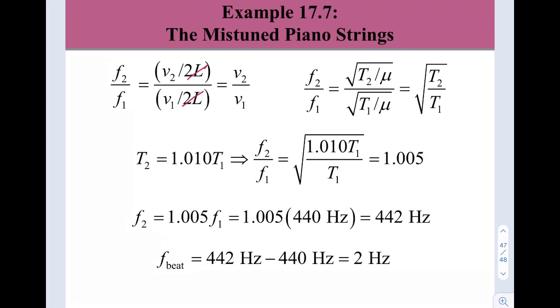What is v for a piano? It is a stretched string, or taut string, so v is equivalent to the square root of T over mu. For v2 it's T2 over mu, and for v1 it's T1 over mu. Mu is the same because it's an identical string, so again they cancel out each other. So we are left with the square root of T2 over T1.